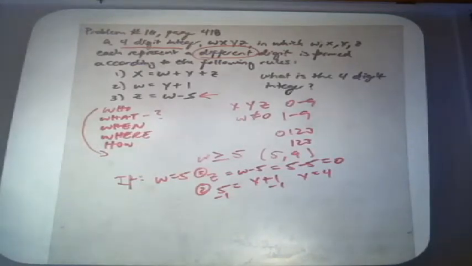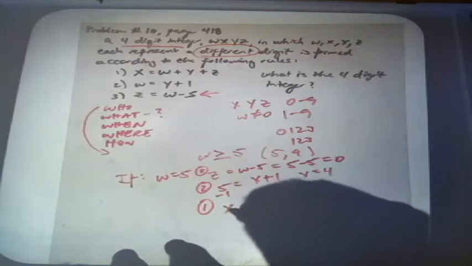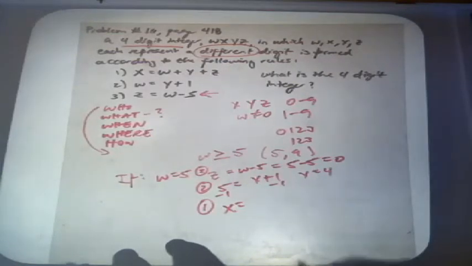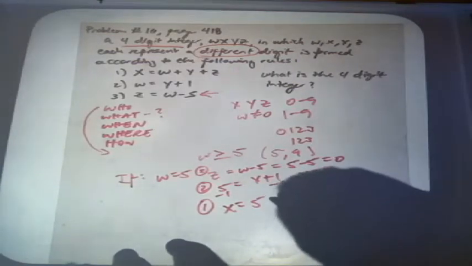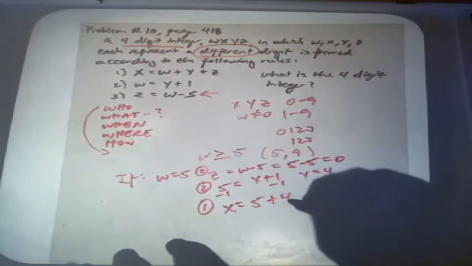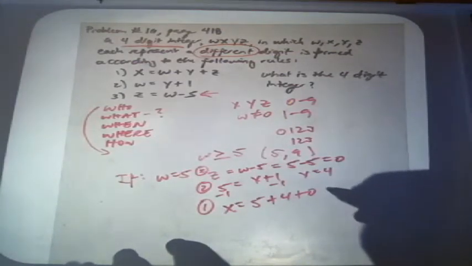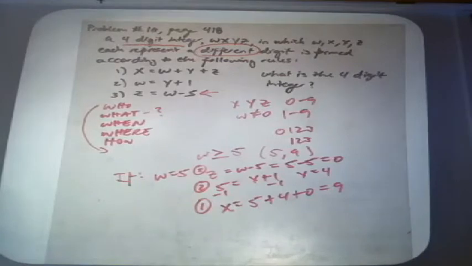So if W is 5, then Z has to be 0, and Y has to be 4, and then according to equation 1, X would be equal to W, which is 5, plus Y, which is 4, plus Z, which is 0, and X is going to be 9.